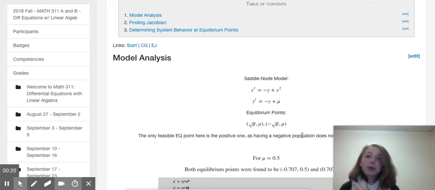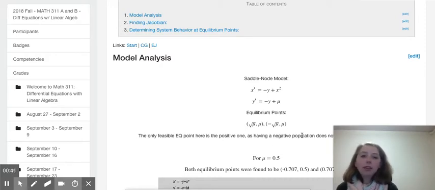To find the equilibrium points, super simple. X is going to be y is equal to x squared. To find x by itself, it's just positive or negative square root of y. For y prime equal to 0, y is equal to mu.